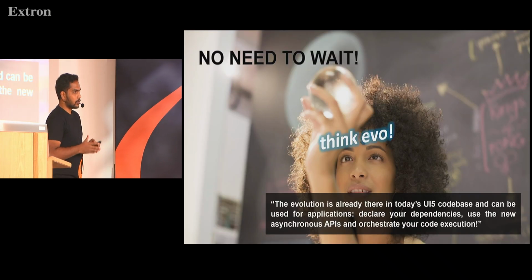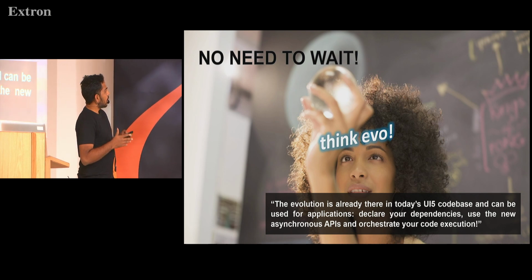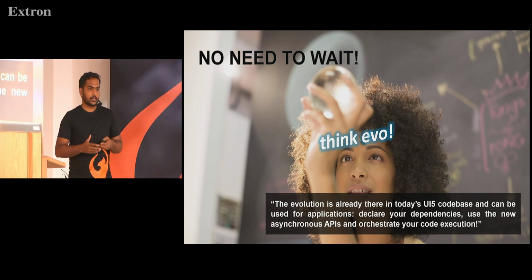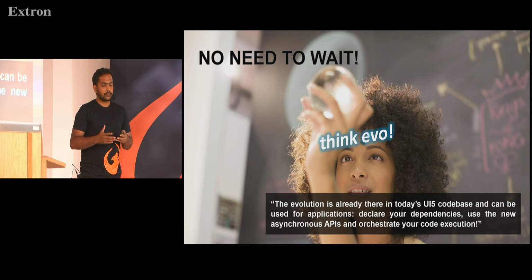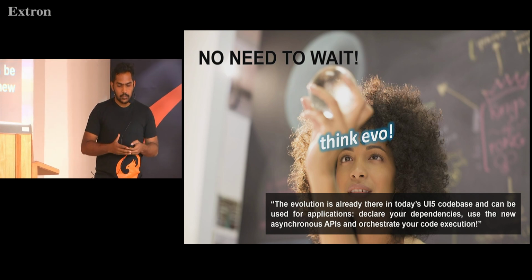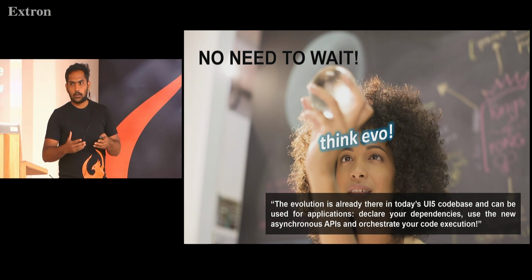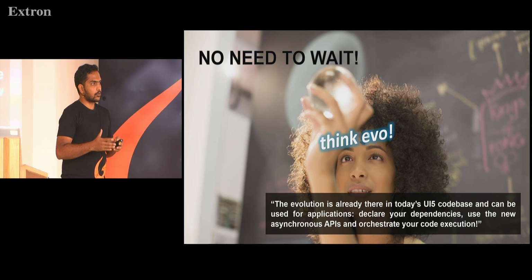The best thing about UI5 evolution is that you don't have to wait anymore. The evolution is already there in today's UI5 code base and can be used for applications. So you can define your dependencies, you can use new asynchronous APIs. There are a lot of APIs that we have already come up with, and you can orchestrate your code execution.